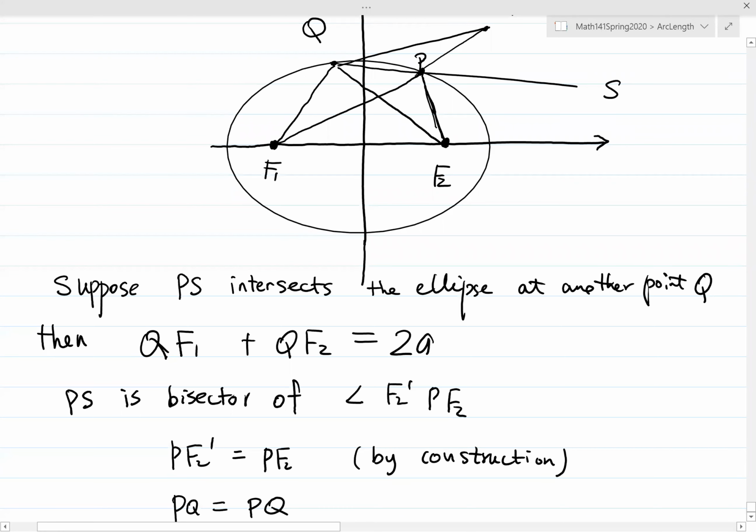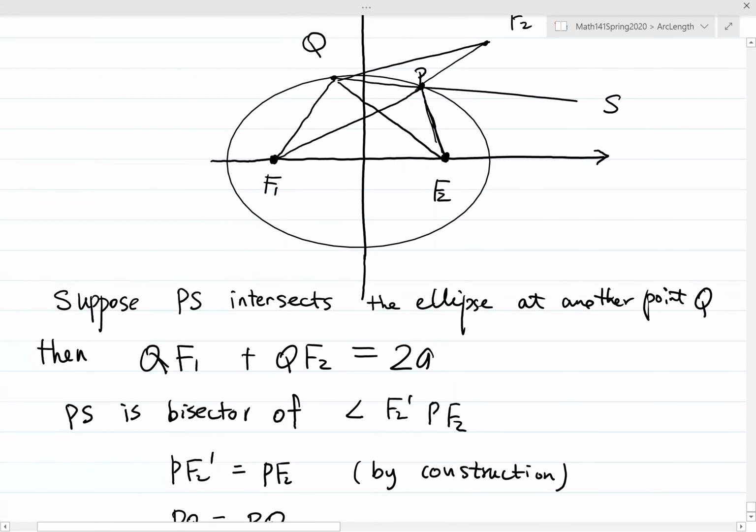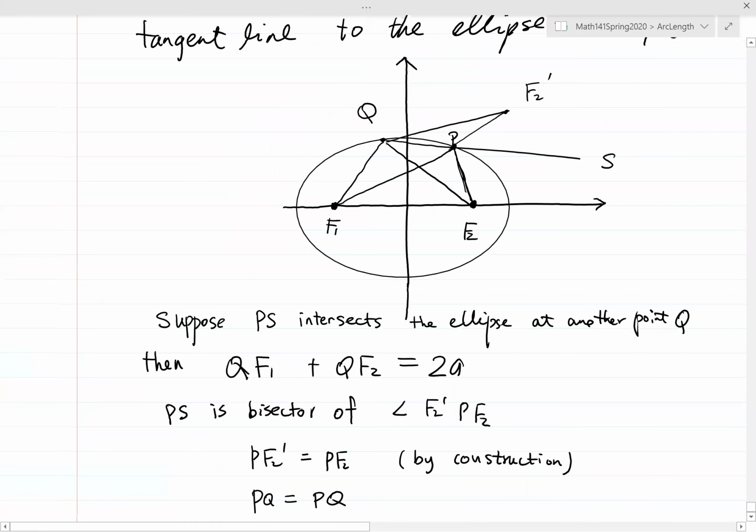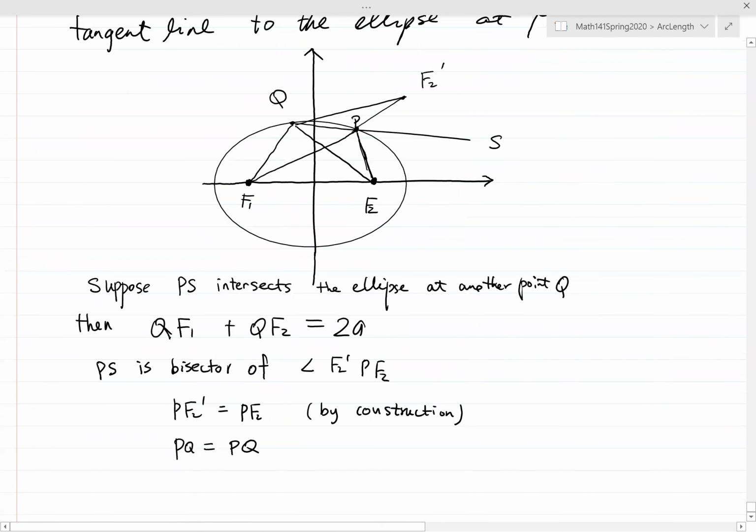How do we use the bisector property? Anyone know? The bisector property.